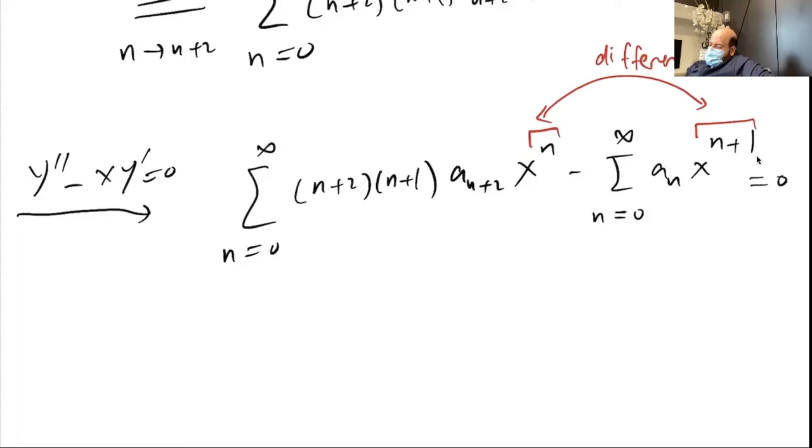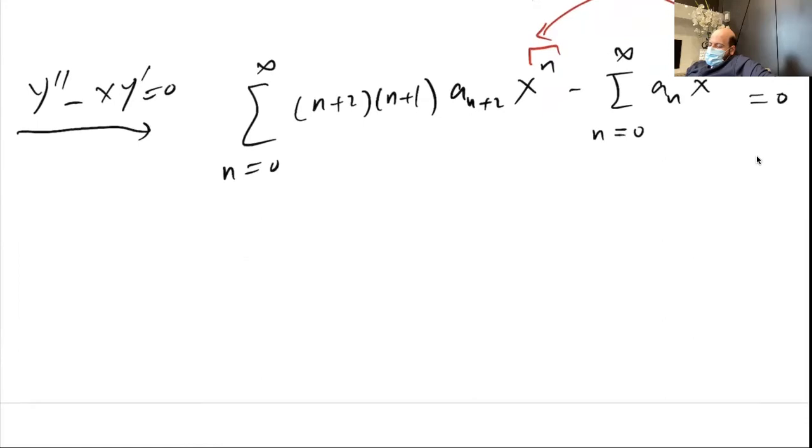But right now, these powers are different. So how can I adjust them so that they become the same power? Well, I have two ways to do that. One way is to change this n to n plus 1. If I do that, the starting index will shift 1 unit to the left and becomes minus 1. I don't want a negative starting index here. In this topic, when dealing with power series, we don't want a negative starting index.